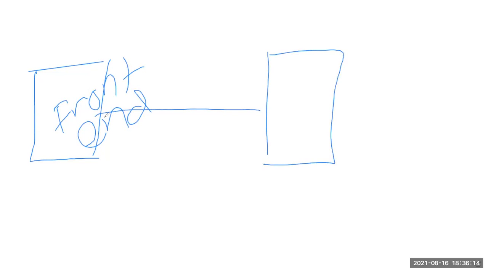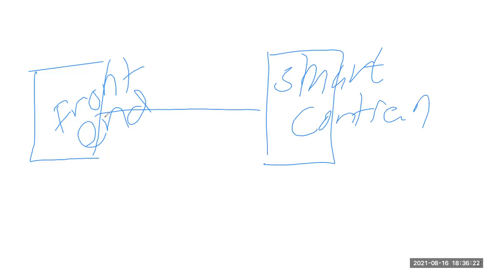So if you remember what we did on our last session, we have our React app like this. This is our front end here, and then we have our smart contracts there.